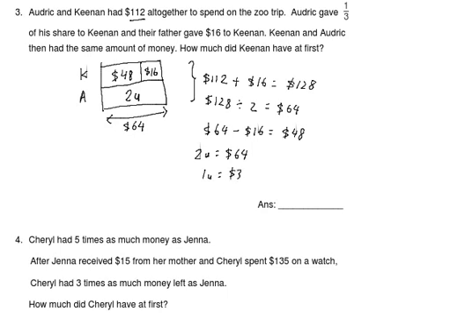Now, Keenan actually is holding on to $32 that's originally from Audrey, right? So I need to use $48 to return back the 1/3, right? Yes or no? $48 minus $32, and you get $16.